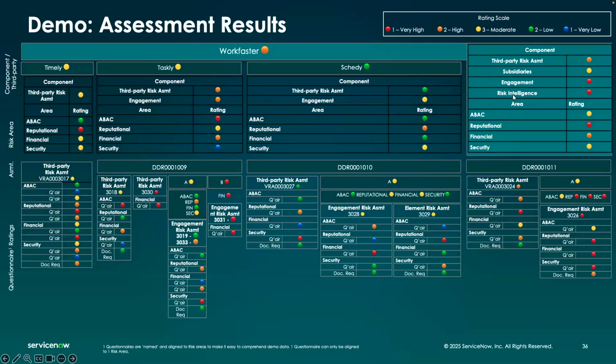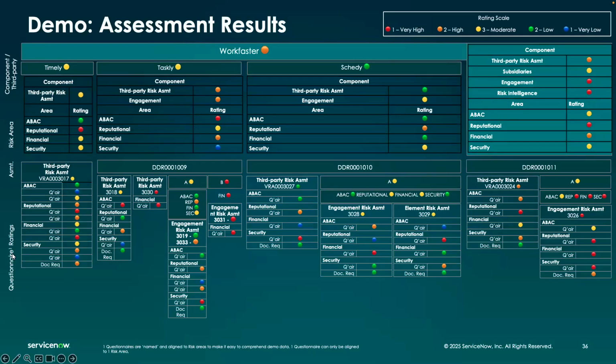Okay, so now how this is laid out is basically for the third party itself, Workfaster, this is the assessment we have, and here is the engagement. Looking at the other third parties, we have Timely. Timely has an assessment, as you can see, third party risk assessment. Here's the component.